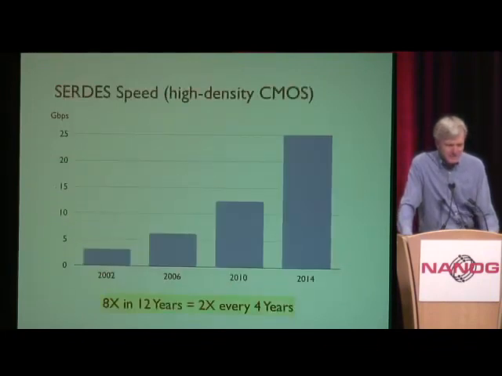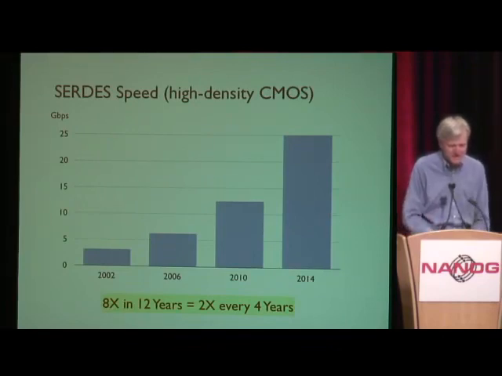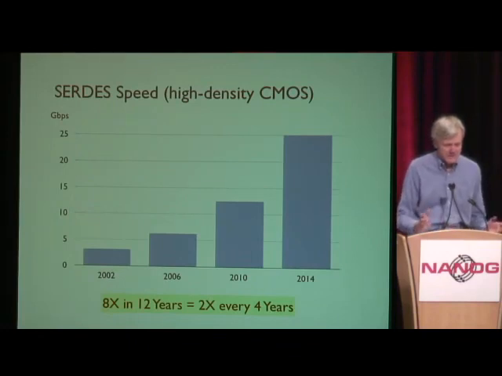And to clarify this a little more, the high-speed I/O known as SerDes, which is the serializer high-speed I/O, back in 2002 was 3 gigabits, let's say. In 2006, it was 6.5 gigabits. Current chips have 12.5 gigabits, and the ones in 2014 will have 25 gigabits.